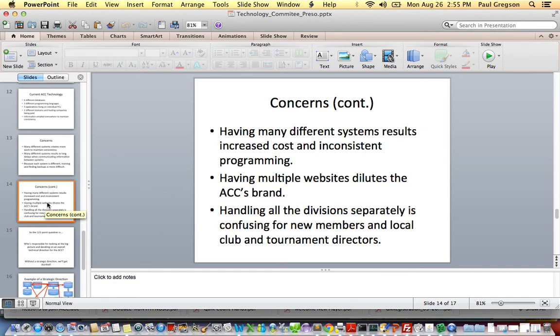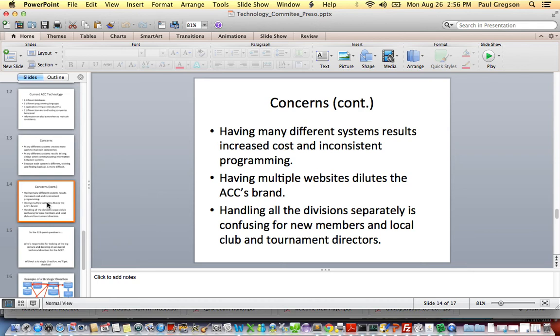Some additional concerns. We've touched on this a bit, but having two different websites and two different hosting companies results in double the cost than if we had a single website and single hosting company.